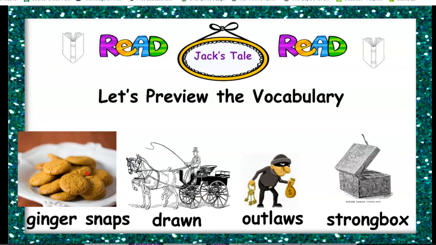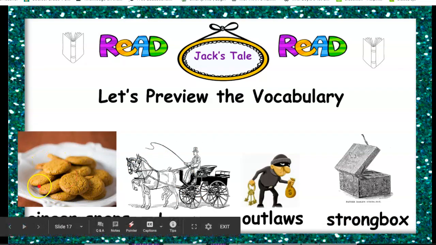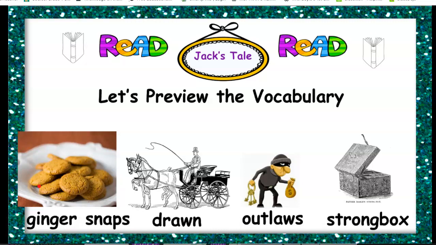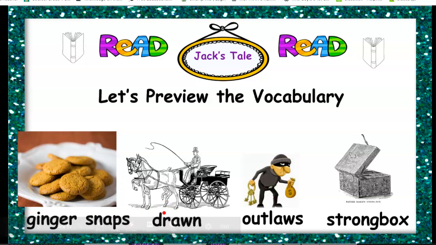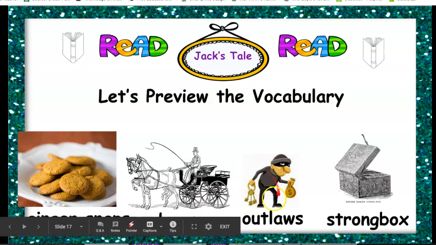So here's some vocabulary that we're going to come across. These are ginger snaps. And ginger snaps are cookies and they are made from ginger. This word drawn, that means pulled in our story today. So this man in his buggy is being drawn or pulled by those horses. Now here's our outlaw.